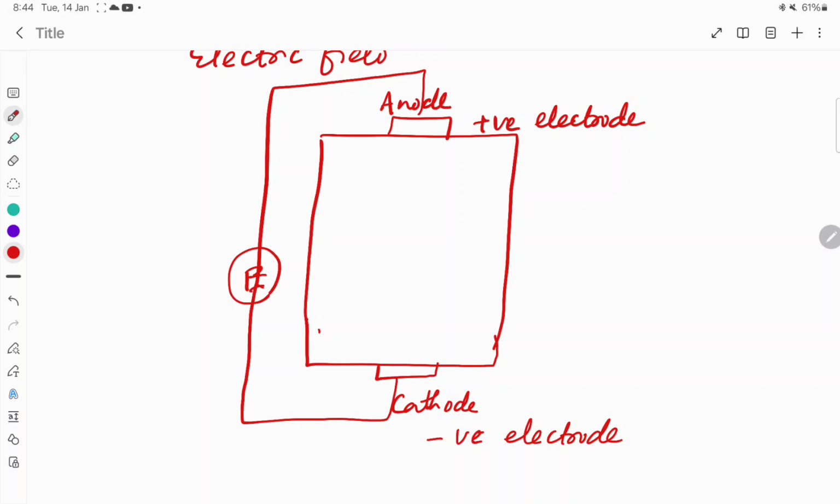So it will provide an electric field where the positive charges will move towards the cathode and the negative charges will move towards the anode.